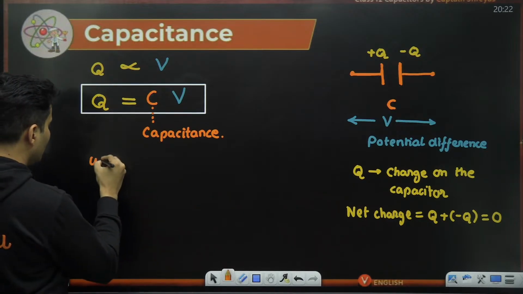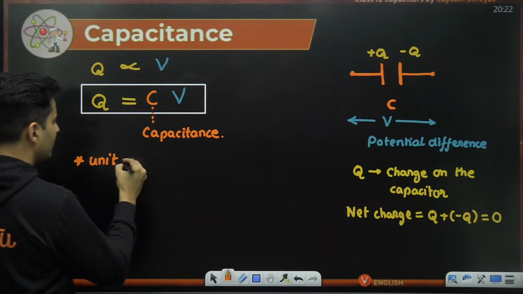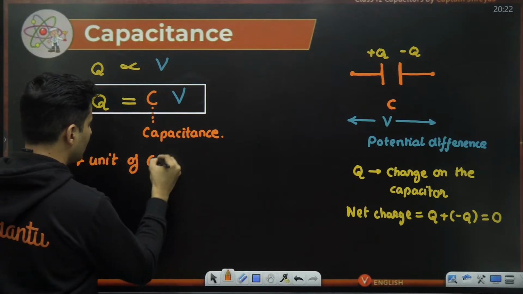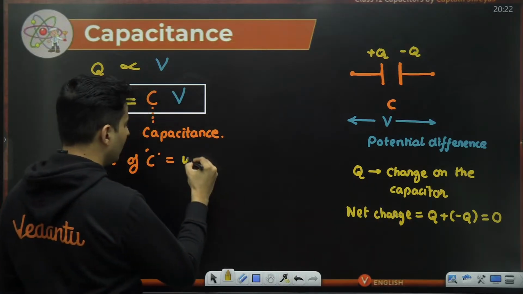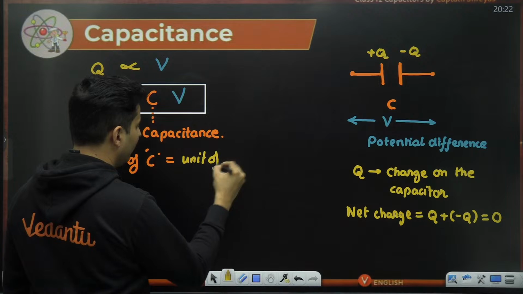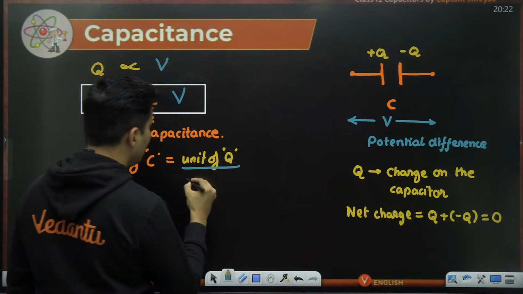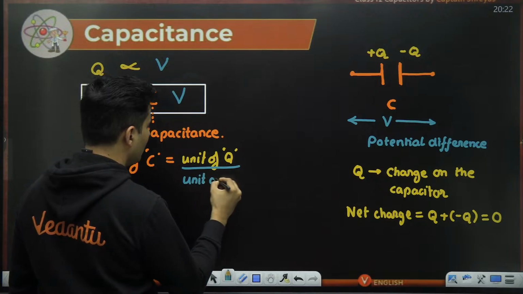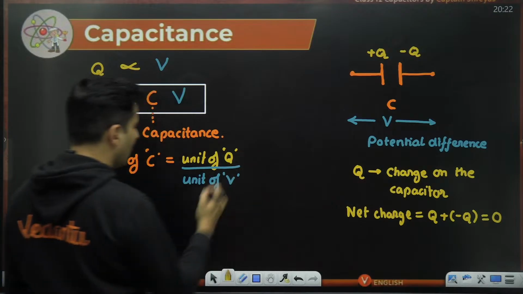So the unit of capacitance, think about it, will be nothing but the unit of charge divided by the unit of voltage. So what is the unit of charge?